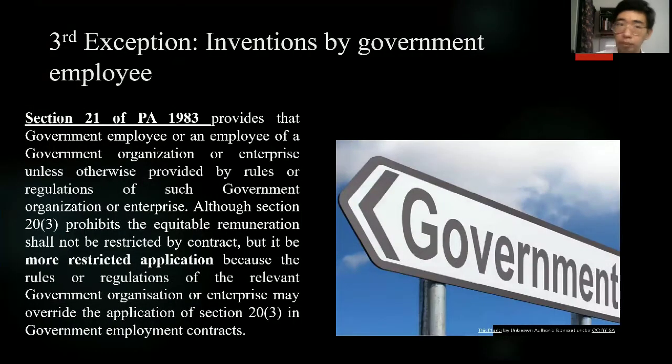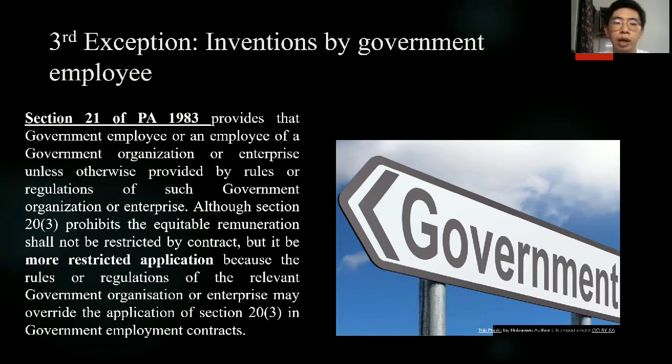So moving on, the next exception is the invention by a government employee. Now, according to section 21 of the Patent Act, for a government employee of a government organization or enterprise, unless otherwise provided in the contract, the government employee will not have the right over the patent for his invention. This means that if a government employee made an invention, the employee will not have the patent right.